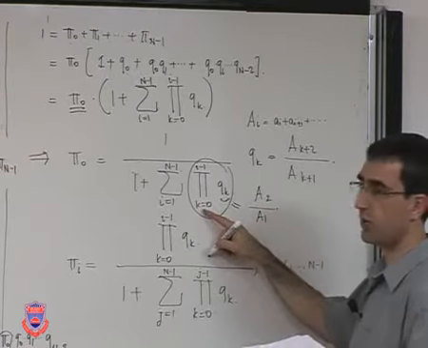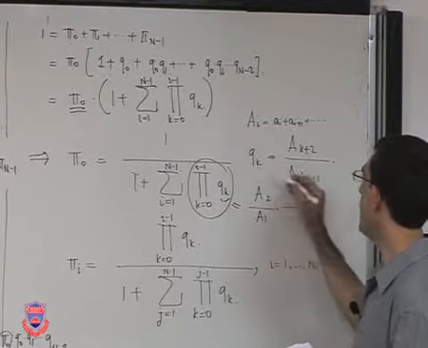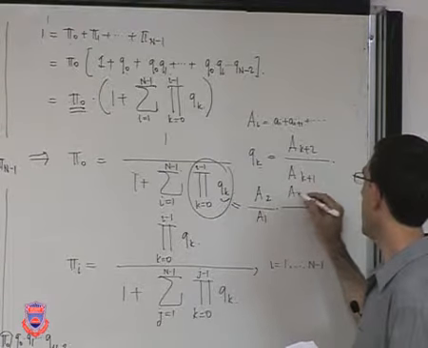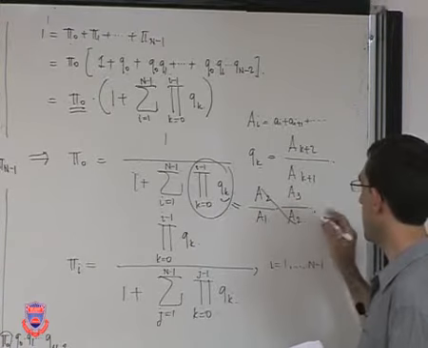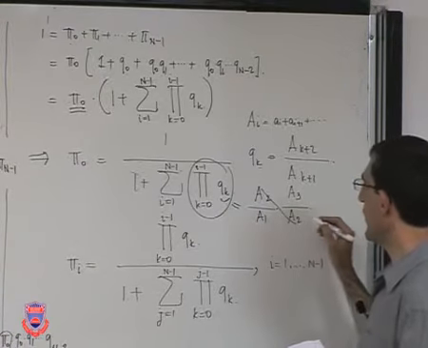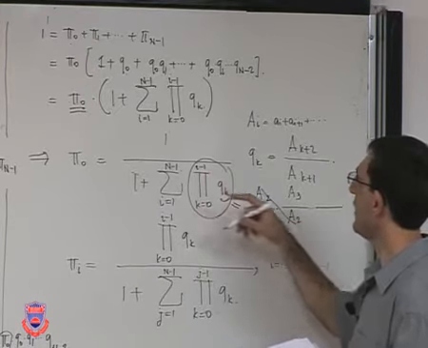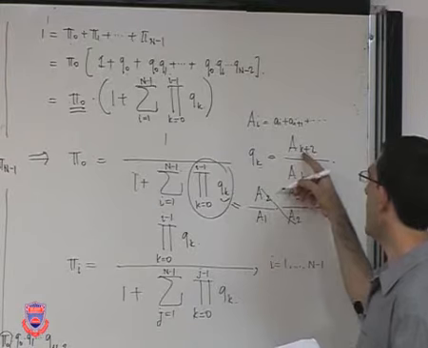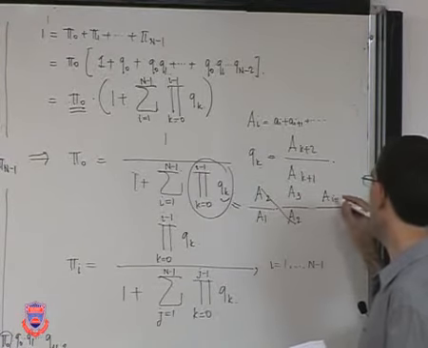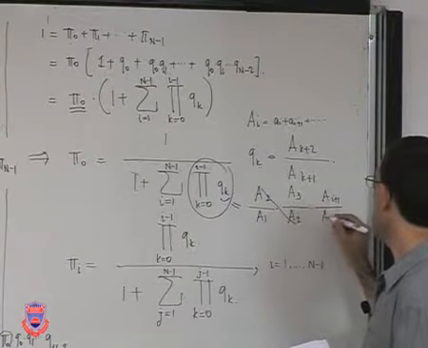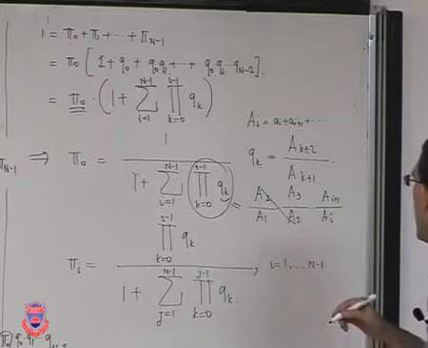And then the next thing is going to be k equals 1, you have Q1, which is A3 divided by A2, right? So they cancel. But in the meantime, it just goes like this till when? The last term is going to be for k equals i minus 1, where you have A i plus 1 and here the sum is over i only. Right?